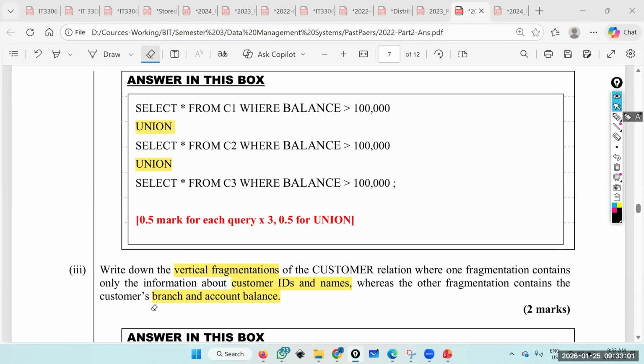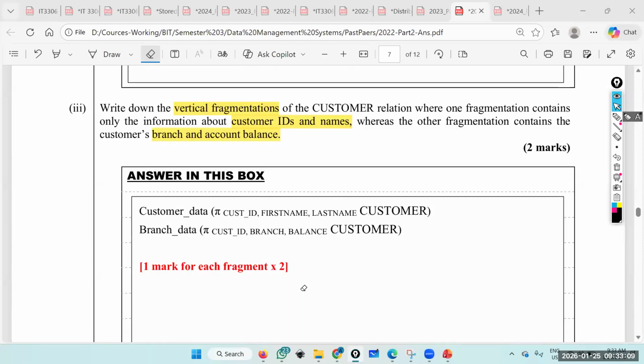Though it says customer's branch and account balance, I will include customer ID there also. Then it's two fragments. Customer ID must be in both, though the examiner doesn't mention it. That is a trap. If you don't mention customer ID, you may not get the marks, maybe not any marks.